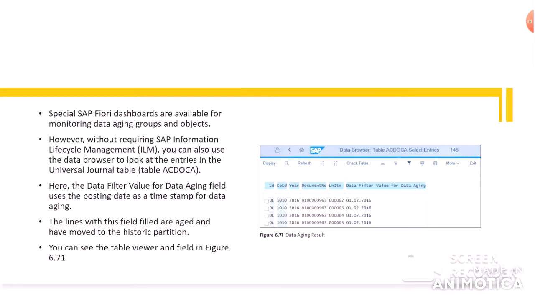So there are SAP Fiori dashboards available for monitoring these aging groups and objects. So without requiring SAP Information Lifecycle Management, you can also use the data browser to look at the entries in the Universal Journal table. The data filter value for data aging field uses the posting date as the timestamp for data aging.